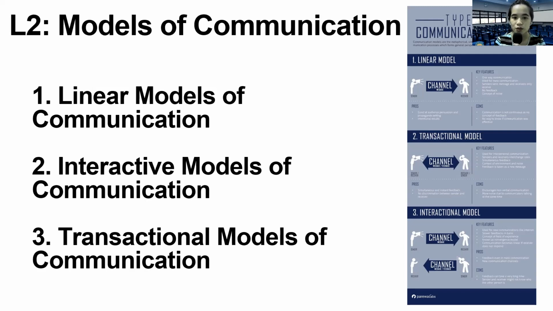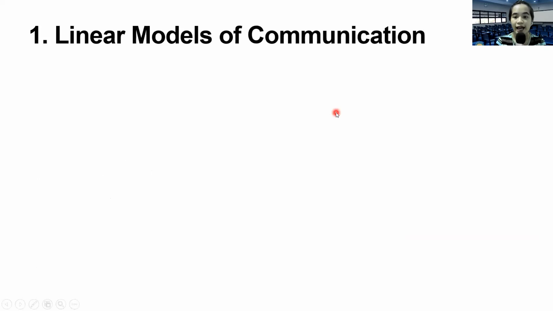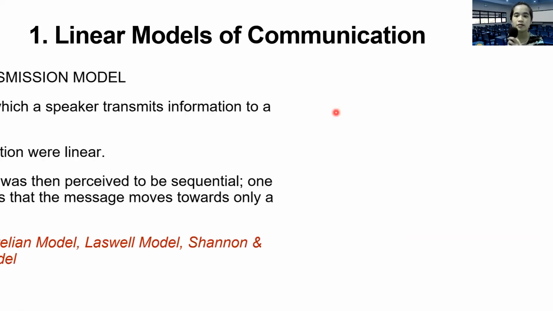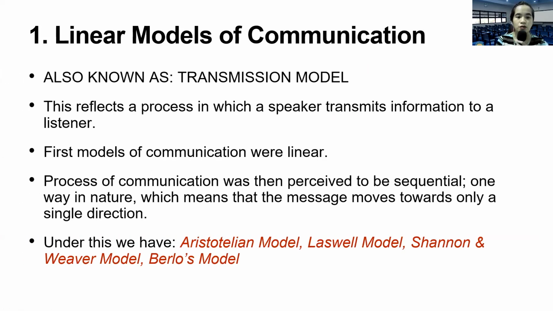On this picture right here, it's the summary of the types of communication models. Each model has kinds. So we have the linear model, also known as the transmission model.